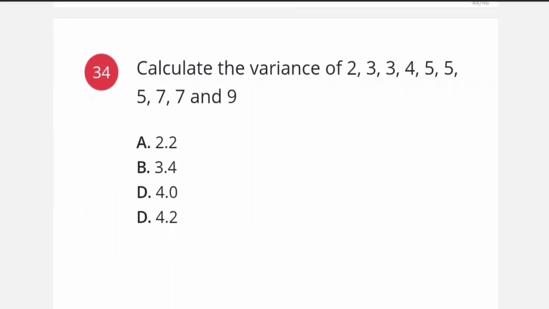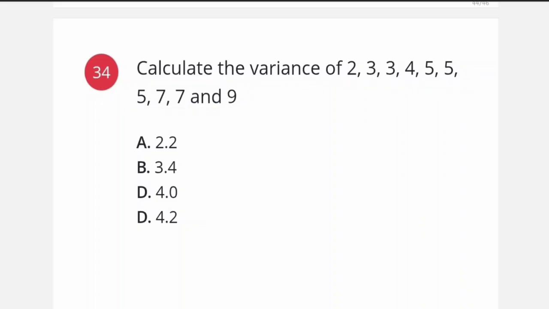Question 34 reads, calculate the variance of 2, 3, 3, 4, 5, 5, 7, 7, 9. First and foremost, we need to calculate the mean of this distribution, because the mean is needed.